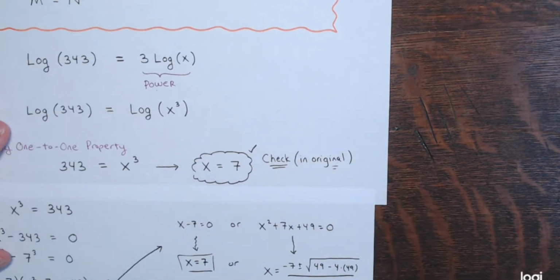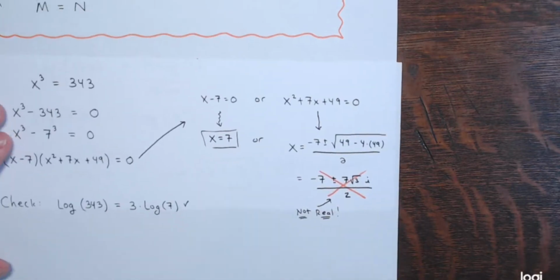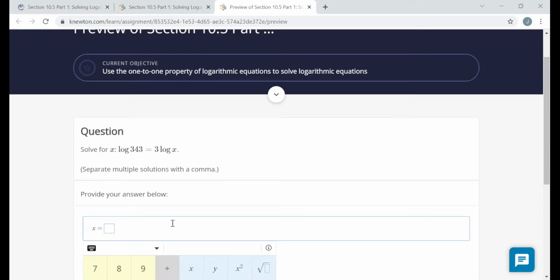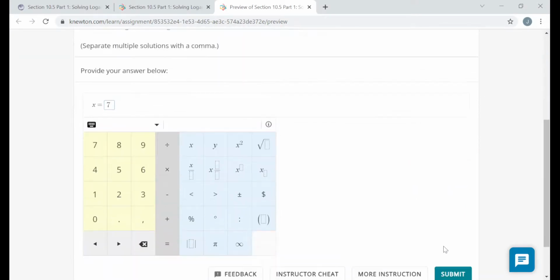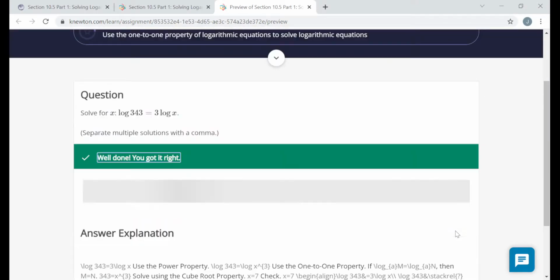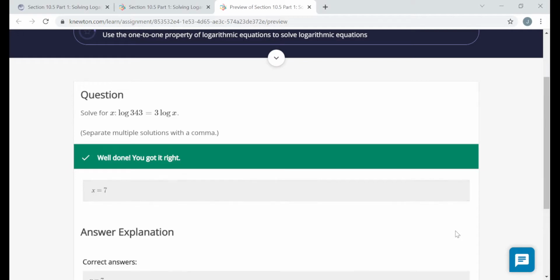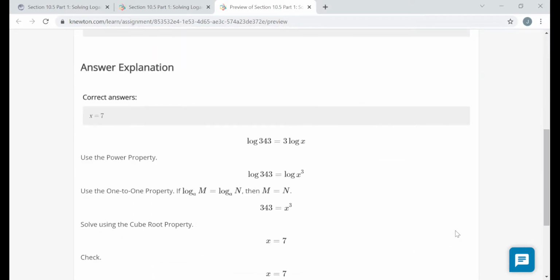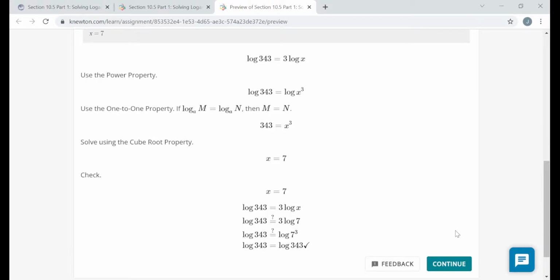Okay, so then back in the assignment, we're just entering x equals 7. Great. Again, if you find imaginary solutions like I did, you're not using those. For these logarithms, we're only going to be inputting real numbers. And after every question, there should be an answer explanation.